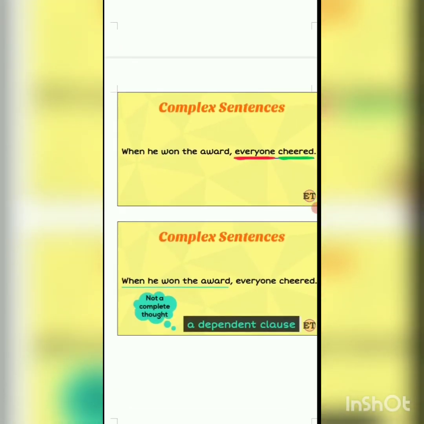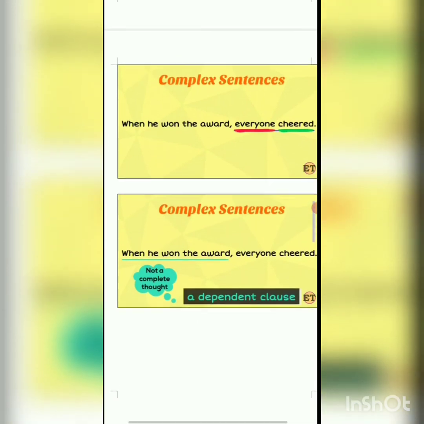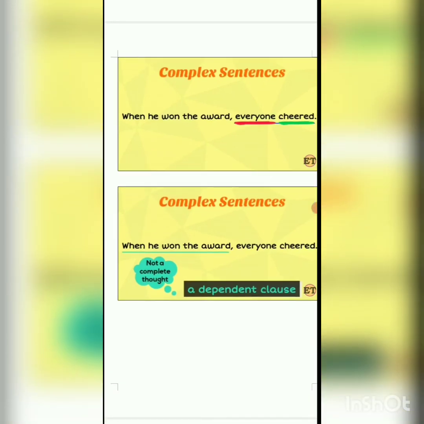Children, lastly, moving to the complex sentence. A complex sentence is a combination of two clauses. One is a dependent clause, another is an independent clause. See children, on this first slide, when he won the award, everyone cheered. So the first clause is a dependent clause, because with when he won the award, we are not getting a complete sense.